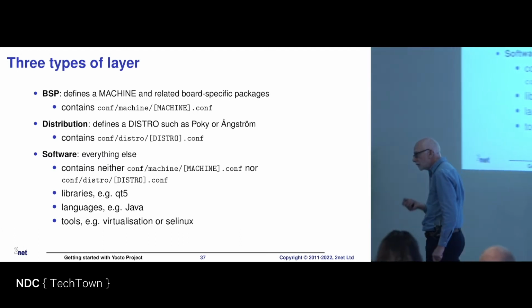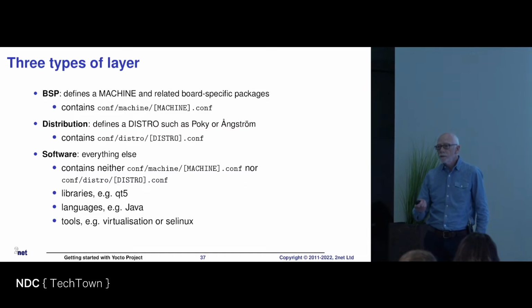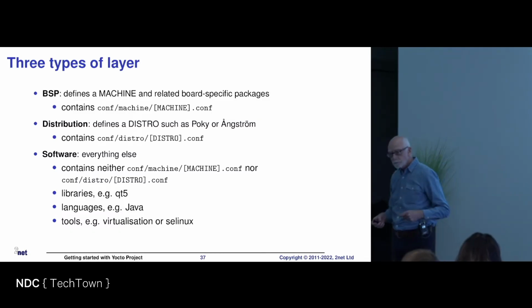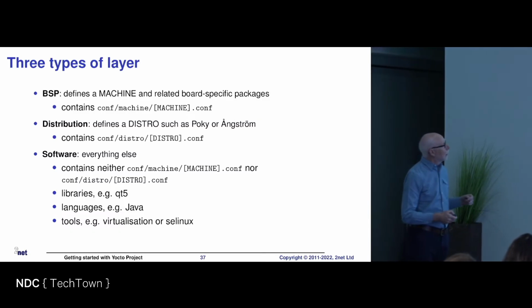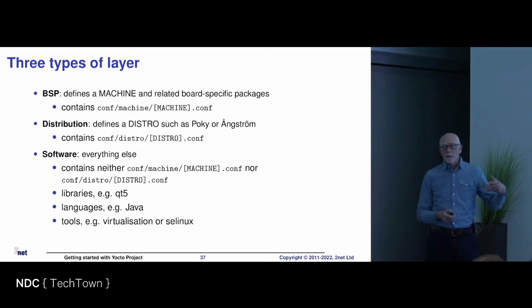So the BSP, at the very least, must contain a configuration file for your hardware. So for the Raspberry Pi meta layer, there'll be a raspberrypi.conf for MACHINE equals raspberrypi. In addition to that, it probably will contain some additional stuff. So probably there's a recipe in there to build a bootloader, maybe a custom kernel, maybe some graphics drivers, or whatever's special about that particular board.